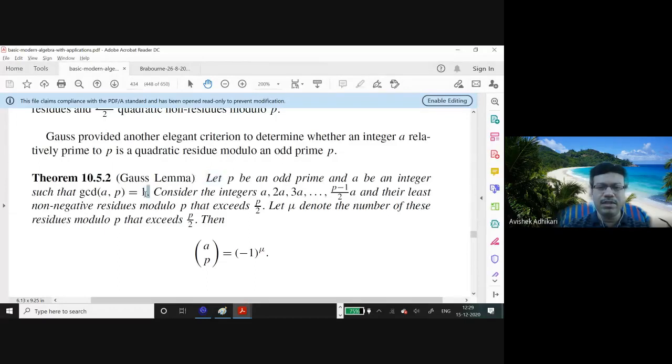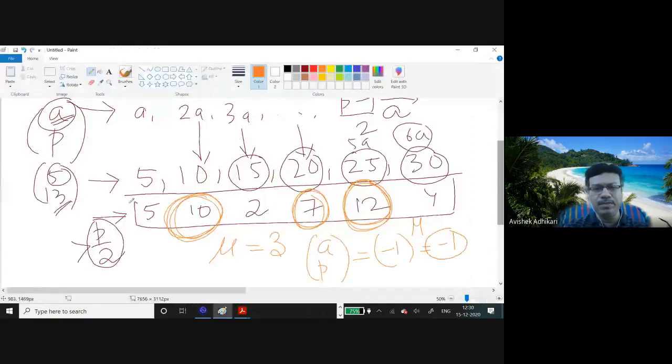To calculate the Legendre symbol, P has to be an odd prime and GCD(A,P) should be 1. Then consider A, 2A, 3A up to (P minus 1)/2 times A and their least non-negative residues modulo P. So we have A, 2A up to (P minus 1)/2 times A, then convert them into their least non-negative residues modulo P.